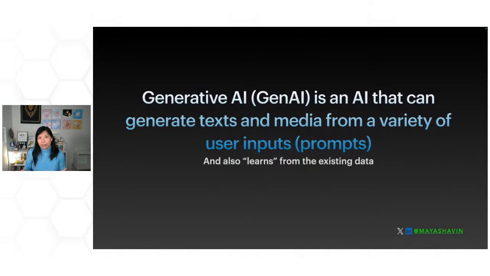The nice thing about generative AI, and why it's so popular, is that under the hood it's using an LLM, a large language model, which is a very flexible machine learning model that can process and predict the next words or text according to the user input. It learns from existing data, but it can also learn from what the user gives it. Some popular examples for generative AI are ChatGPT, Copilot, Midjourney, DALL-E, and so on.